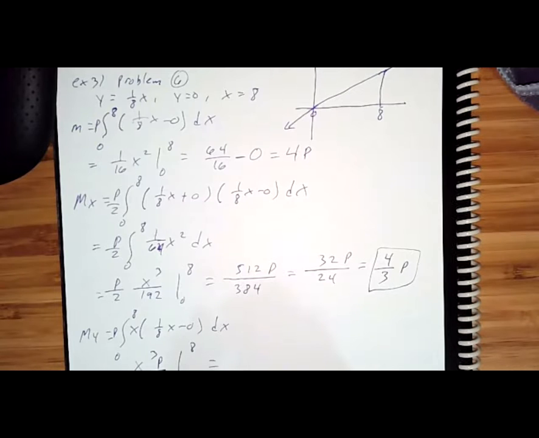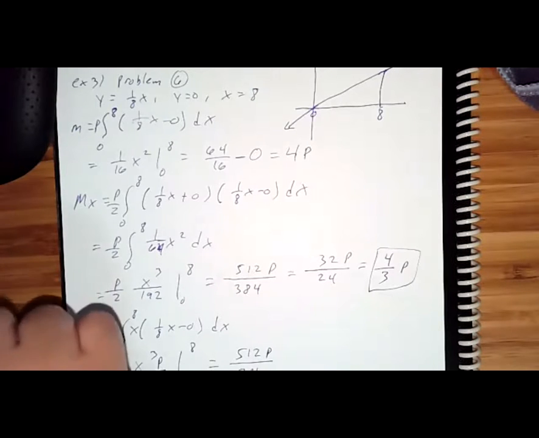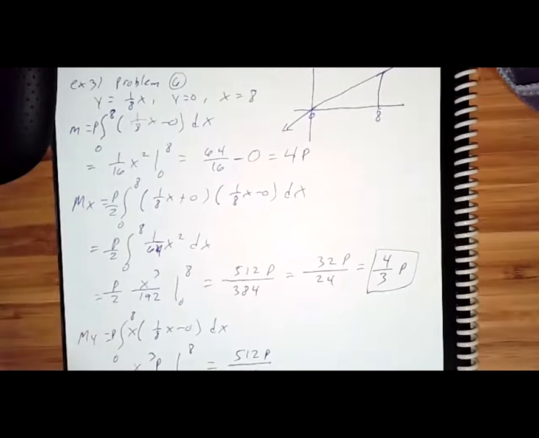And we said 8 cubed was 512, right? So this will reduce to 64p thirds.